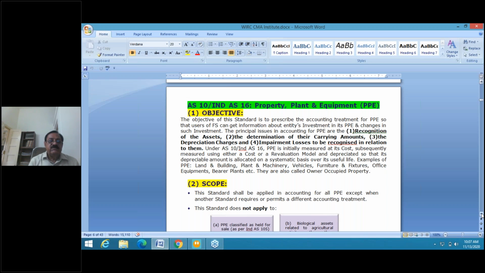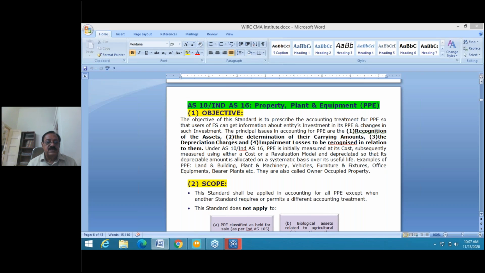So what is the objective of this Ind AS 16? The objective of this standard is to prescribe the accounting treatment for property, plant, equipment, so that users of financial statements can get information about entity's investment in its PPE and changes in these investments over the period. The principal issues in accounting for PPE are 4 items.